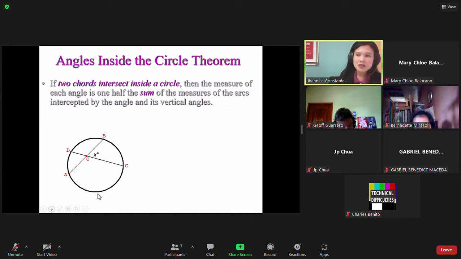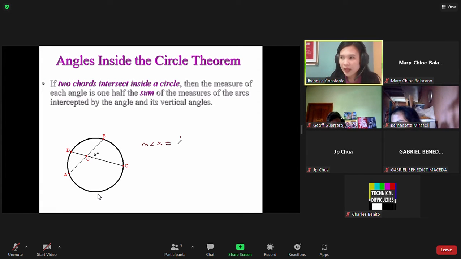So that means to find the measurement of the angle, what you need to do is to get half the sum of the intercepted arcs. So for example, we're going to find the measurement of angle X. The formula in finding the measurement of angle X is 1/2 the sum of the two intercepted arcs.